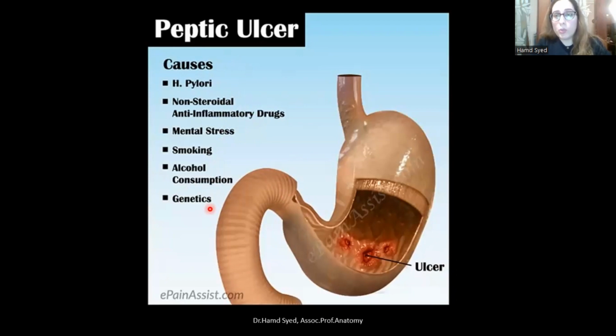This is a tumor of the gastrin-producing cells, which are present in the region of the duodenum or could be in the pancreatic islets. In this case, there is an excessive amount of gastrin secretion, and gastrin is the hormone which will then stimulate the secretion of hydrochloric acid, and that in turn can cause the formation of the gastric ulcer. So these are the different factors involved in the peptic ulcer.